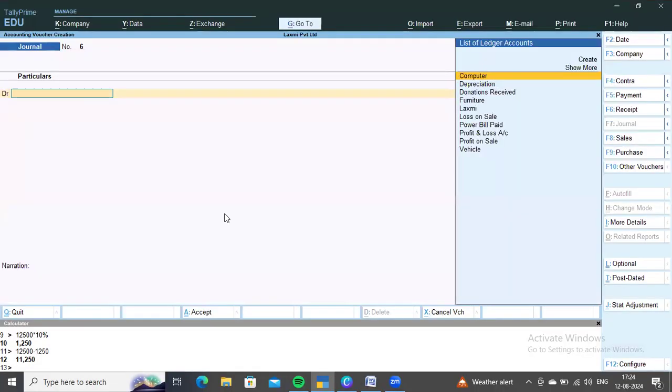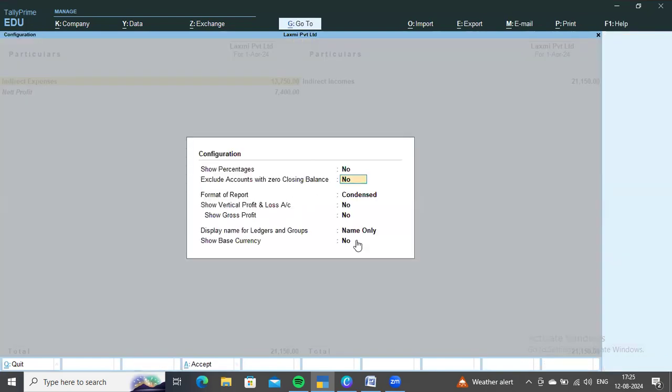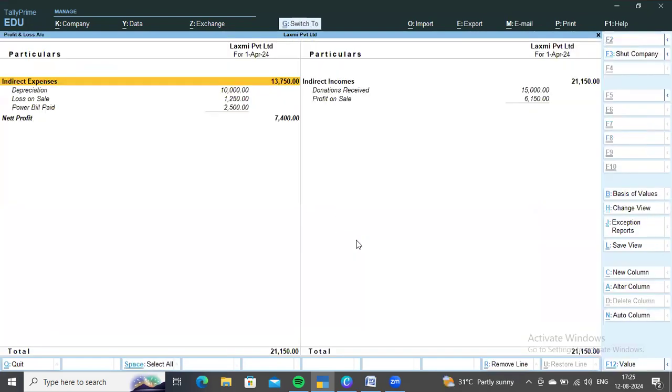Yes. This is how you need to enter the transactions, and this is how you need to calculate the depreciation while selling the fixed assets. Okay. Now go to profit and loss account F12 and give it detail.